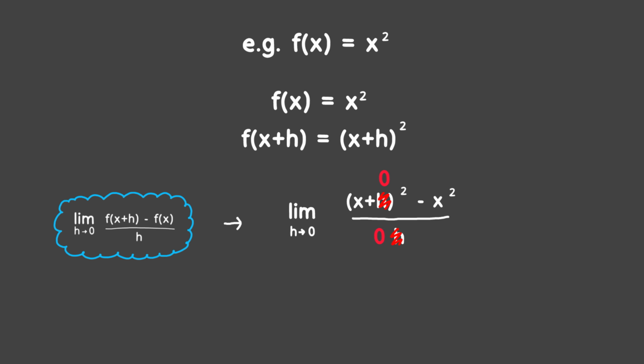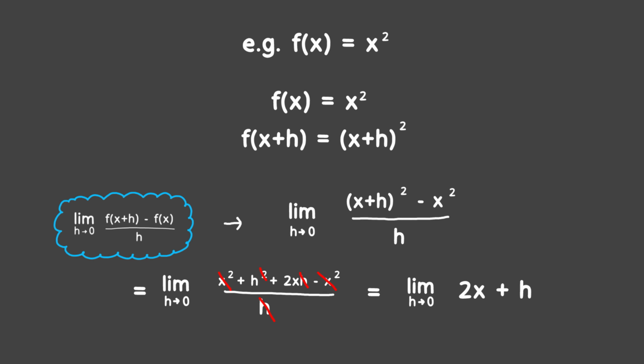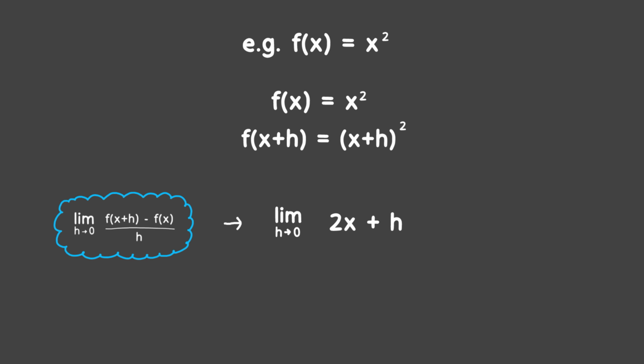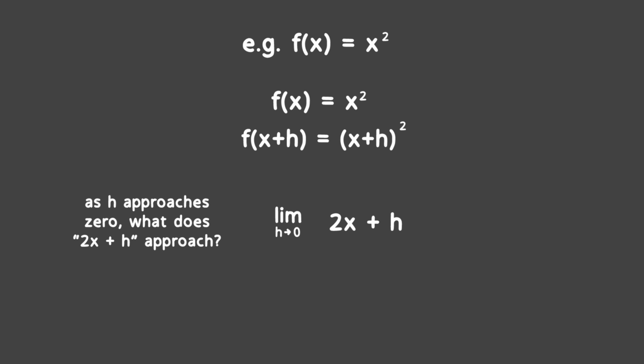We can't just set h equal to 0 to find this limit because we're dividing by just an h, which means we'd be dividing by 0 and it's not good. So let's expand and simplify and end up with a much nicer equation of 2x plus h. So intuitively just think, as h approaches 0, what does 2x plus h approach?